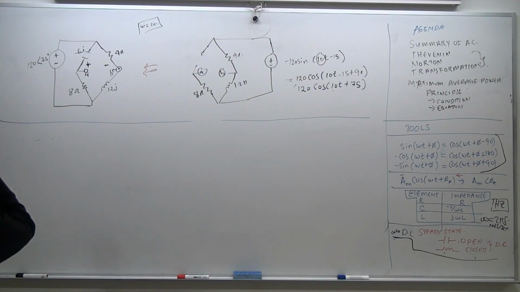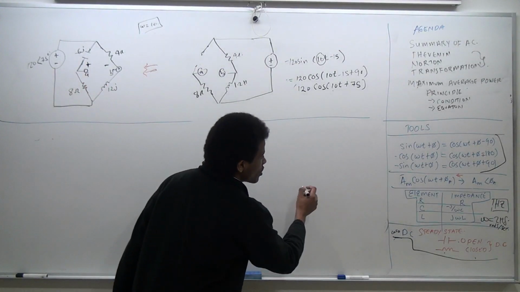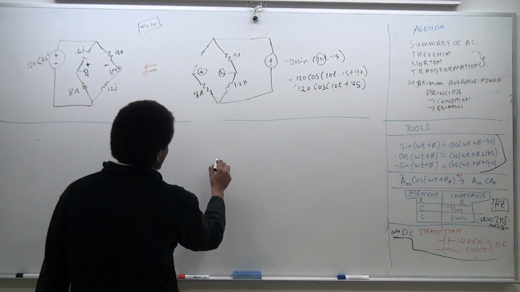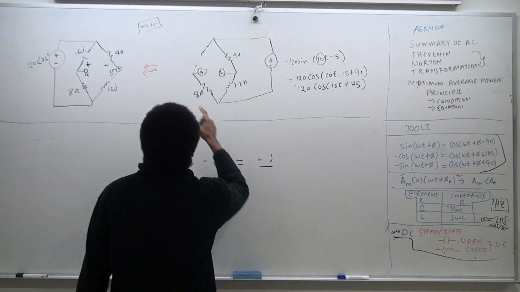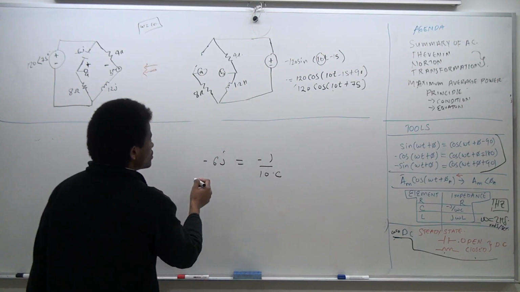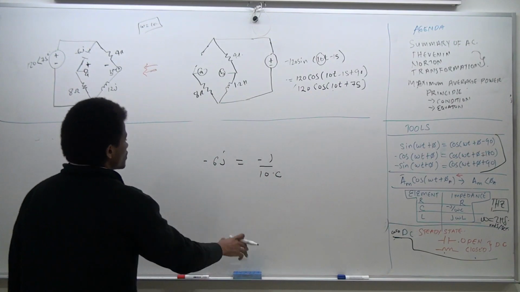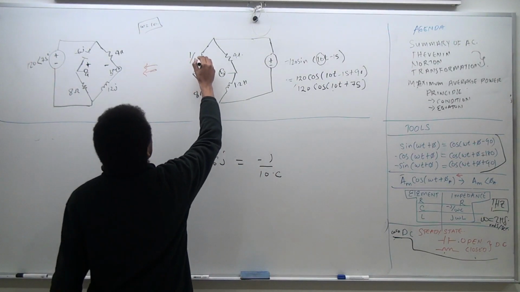What I'm asking is very simple. You're given negative 6j equal to negative j over omega C, with omega equal to 10. So C is exactly 1 over 60, and this is in farads.